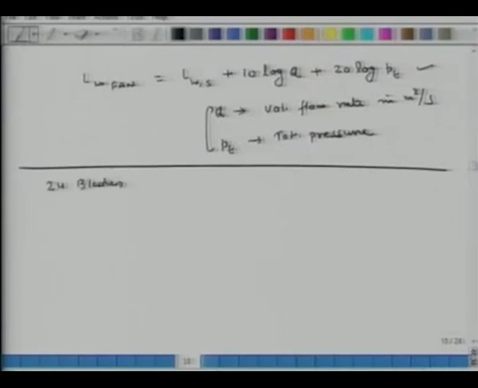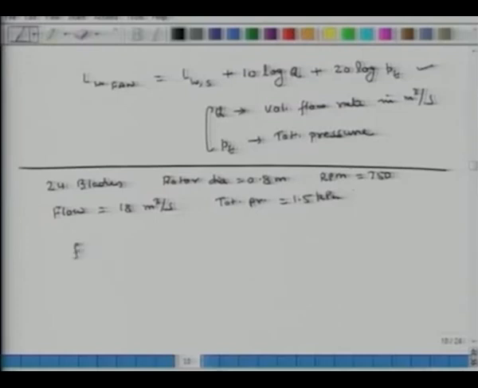Rotor diameter equals 0.8 meters, RPM is 750, flow equals 18 meter cube per second, and total pressure is 1.5 kPa. So my FB is what? 750 times 24 over 60, that is 300 hertz.